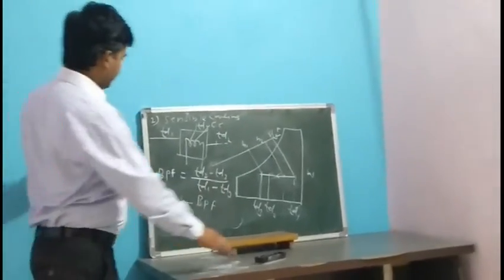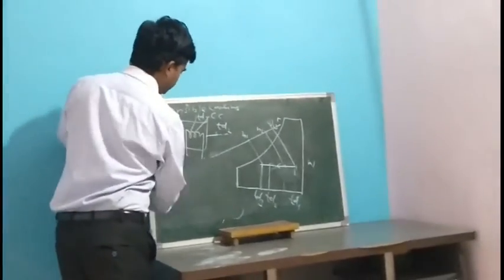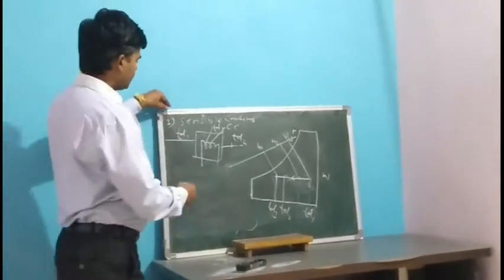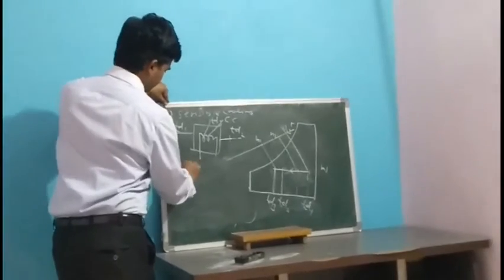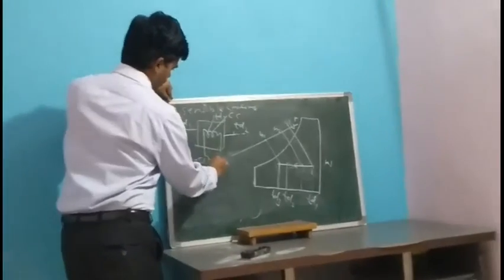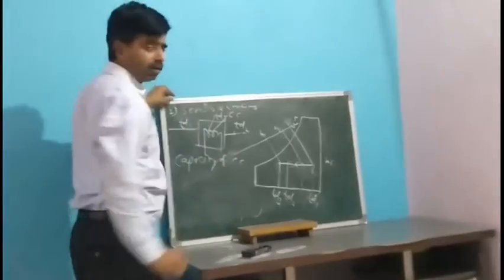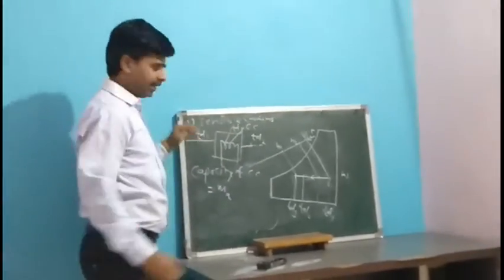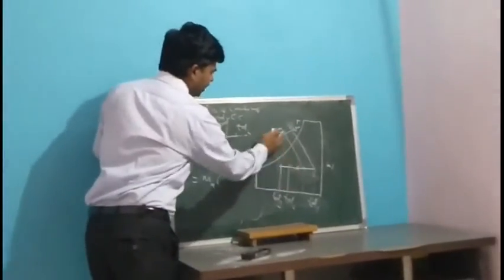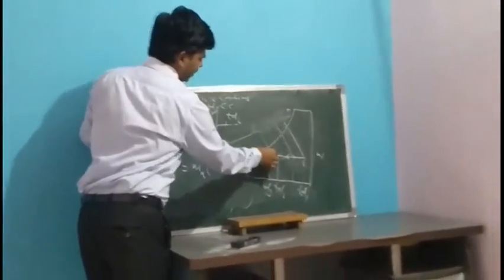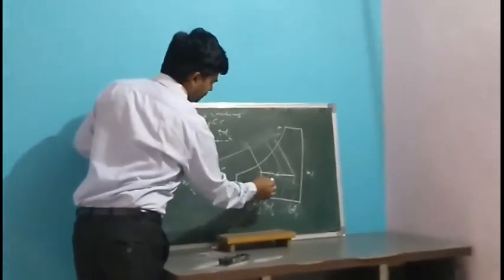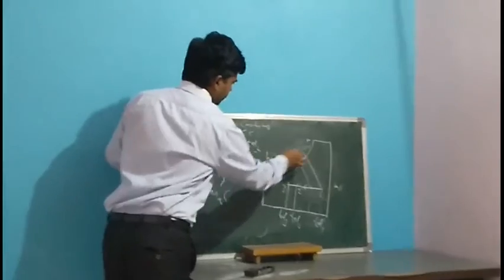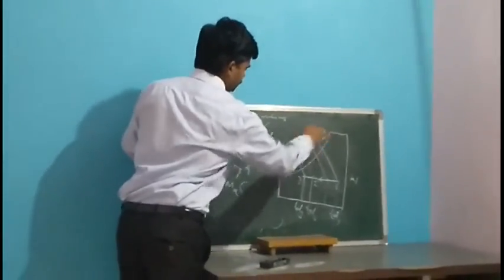Then we can also write the capacity of the cooling coil in TR. It is very simple: m dot a, the mass flow rate of air, multiplied by the corresponding enthalpies. These are points 1, 2, 3, with enthalpies H1, H2, H3.